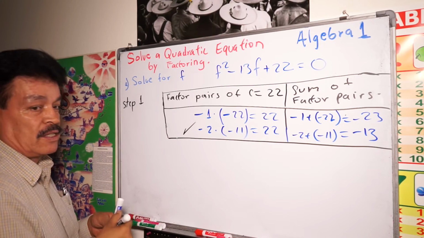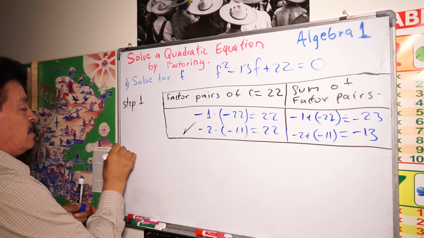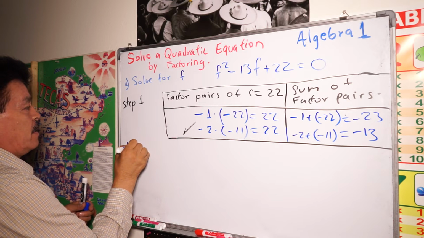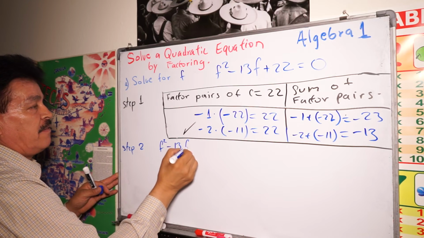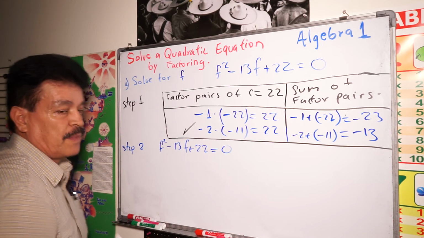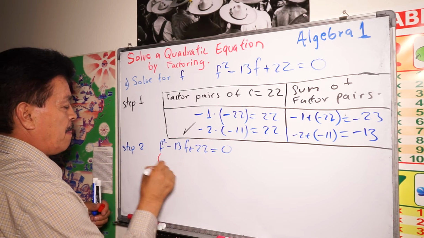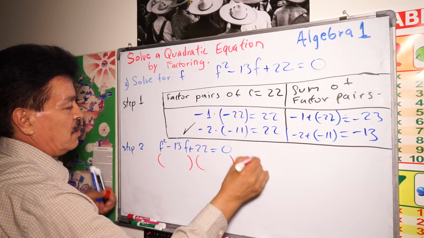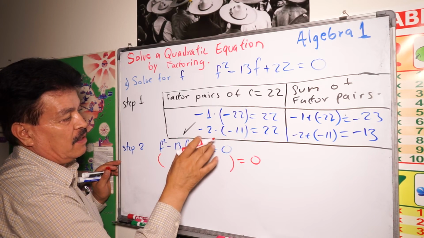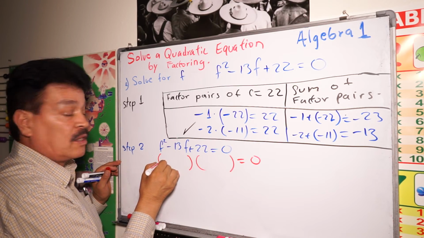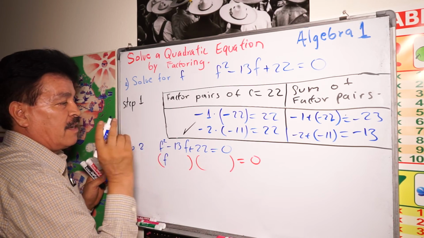Fine for our problem. So next step, step 2, just write the equation: f to the second power minus 13f plus 22 equals 0. So you have the numbers right here. f, where is the first one?